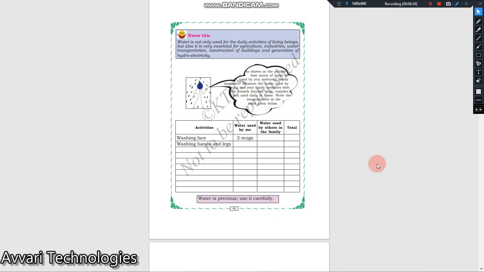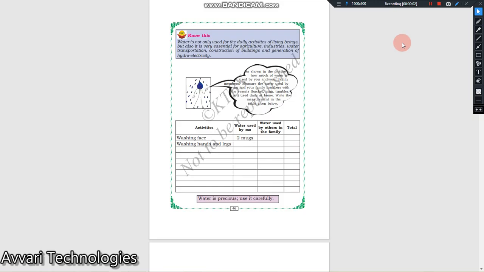With the help of water, we can make electricity also. As shown in the picture, measure how much water is used by you and your family members with the vessels, bucket, mug, tumbler, pot used daily at home. Write the measurement in the table given below.